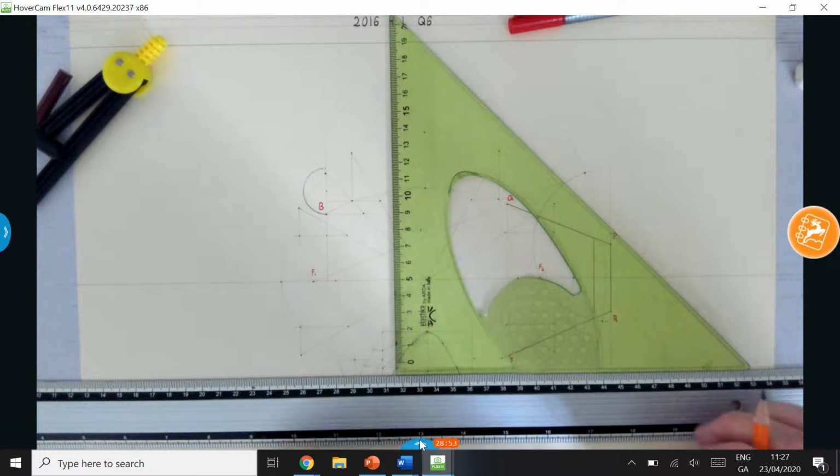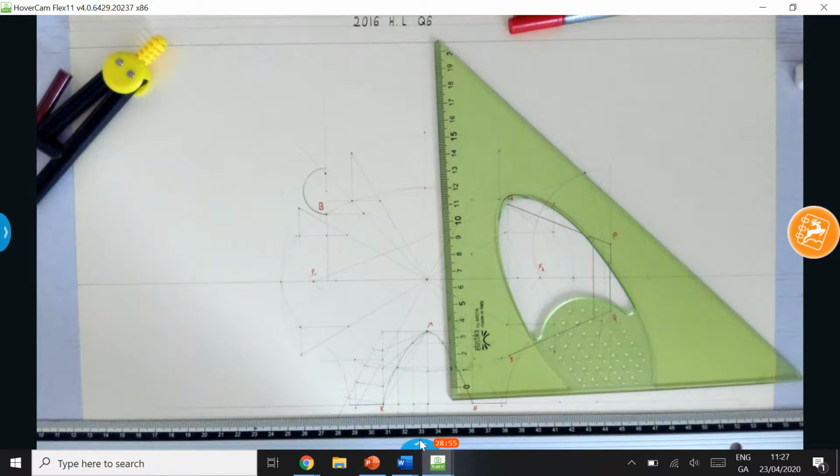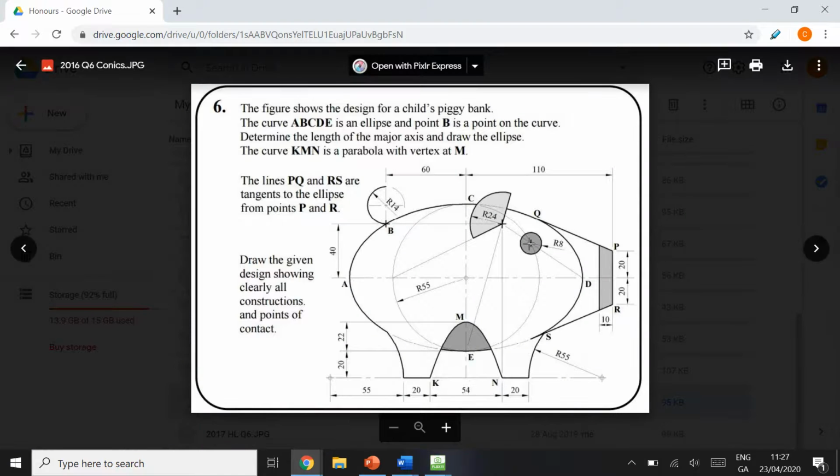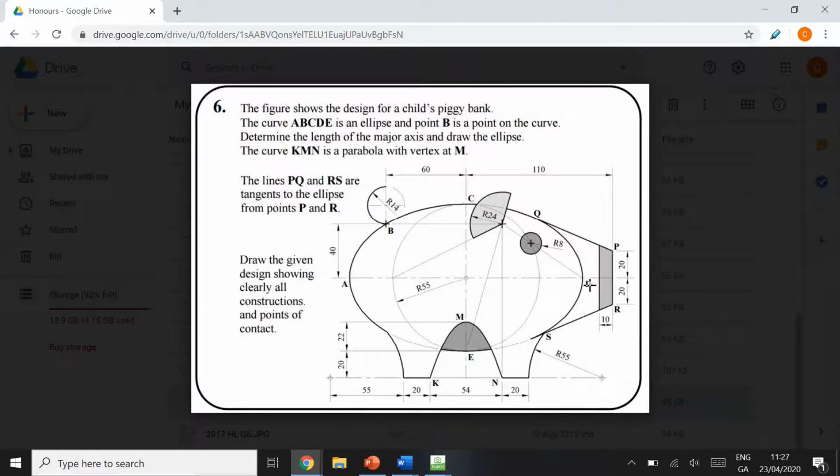Next is to get the eye. So if we look at our question, the point here at the center of the eye is radius 8, is joining D up to this point here. So we're actually going to have to find this point here first.